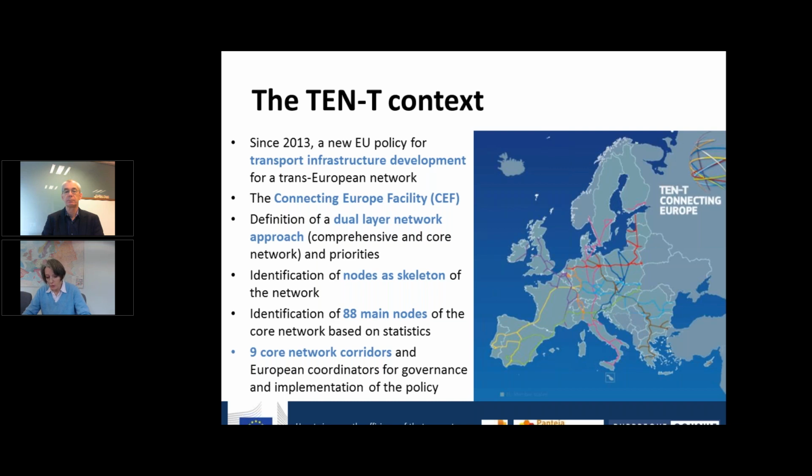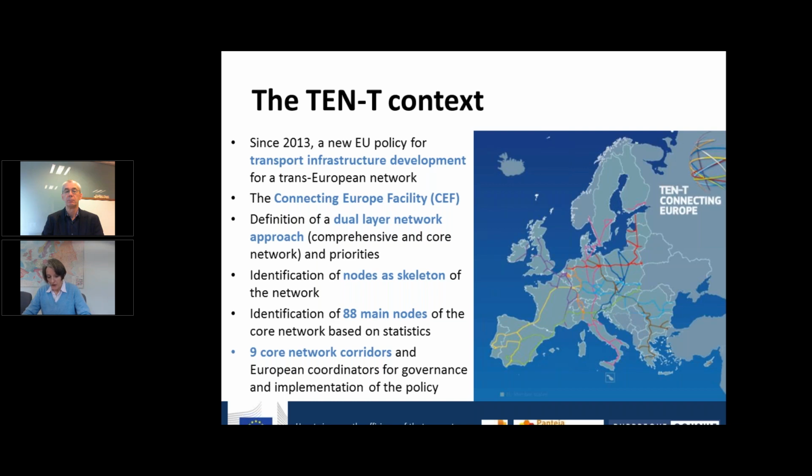With the new guidelines, a dual layer network approach has been defined, and we have a comprehensive and a core network. For both layers, different priorities have been defined for the implementation of measures, for example.